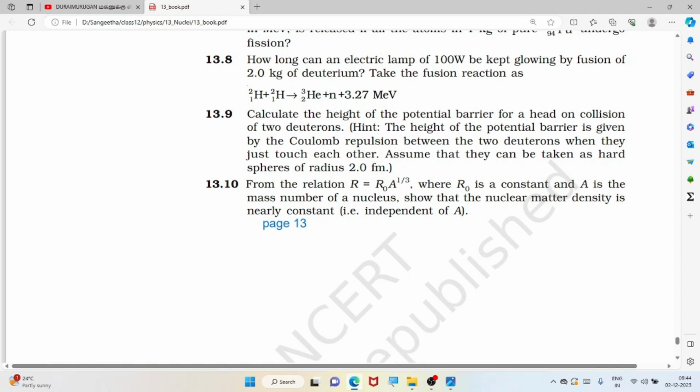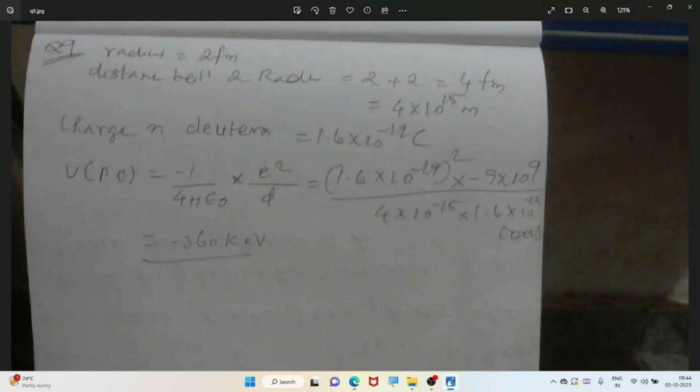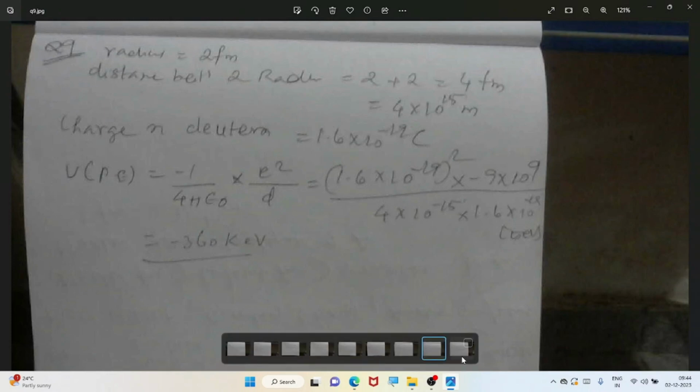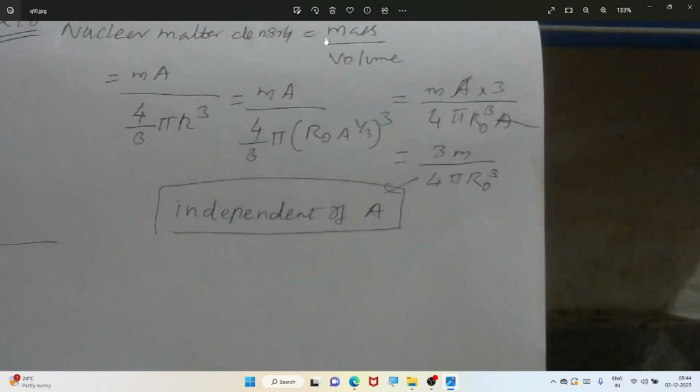From the relation, the radius of the nucleus is equal to a constant R0 into A power 1 by 3, where R0 is a constant and A is the mass number of the nucleus. Show that the nuclear matter density is nearly constant, independent of the atomic number. Density is mass by volume. Mass is the number of nucleons, capital A. Then the volume is 4 by 3 pi r cube, with R equal to R0 into A power 1 by 3.